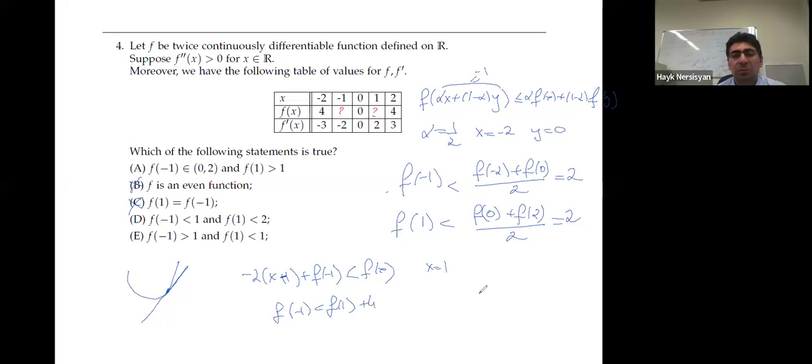Okay, again, nothing, we have this in our list. So tangent line here is not super helpful.